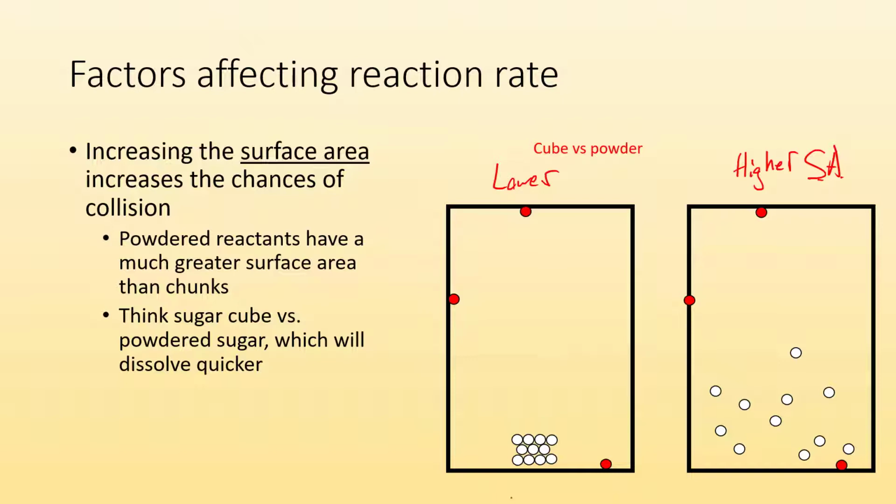Because if you take a look, this little granule of sugar is in the center, can't even collide with anything, so it's not even available for reaction. And if we take a look, have everything going at the same speed, how many times do those three red dots collide with the cube versus colliding with any of those spheres, right? So increased surface area means increased reaction rate.